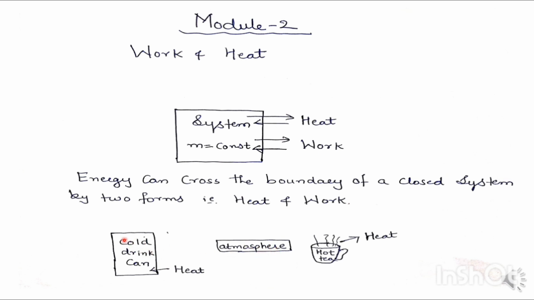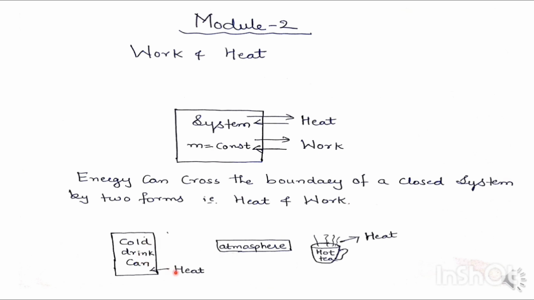So this cold drink is my system here, and the cover of this can, including inside and outside, becomes the boundary, and surroundings is my atmosphere, which is nothing but air. So as the temperature of this system is lesser than the temperature of the atmosphere, heat transfer takes place from the atmosphere to this cold drink can.